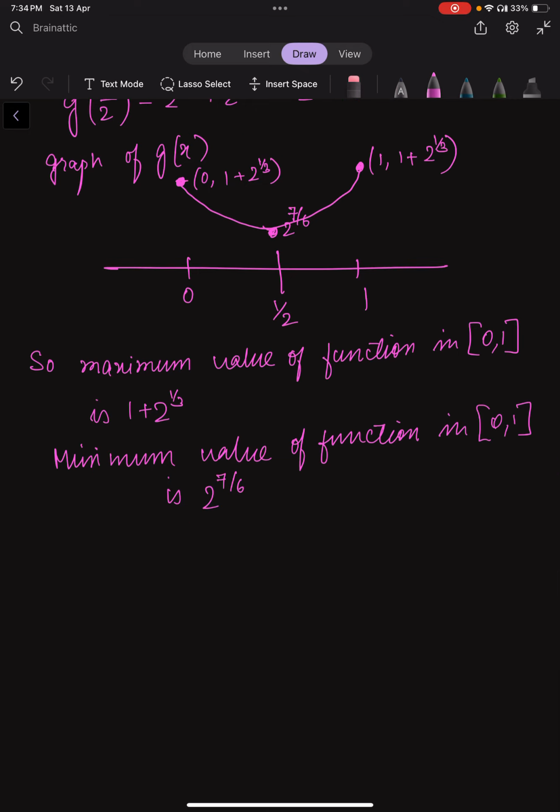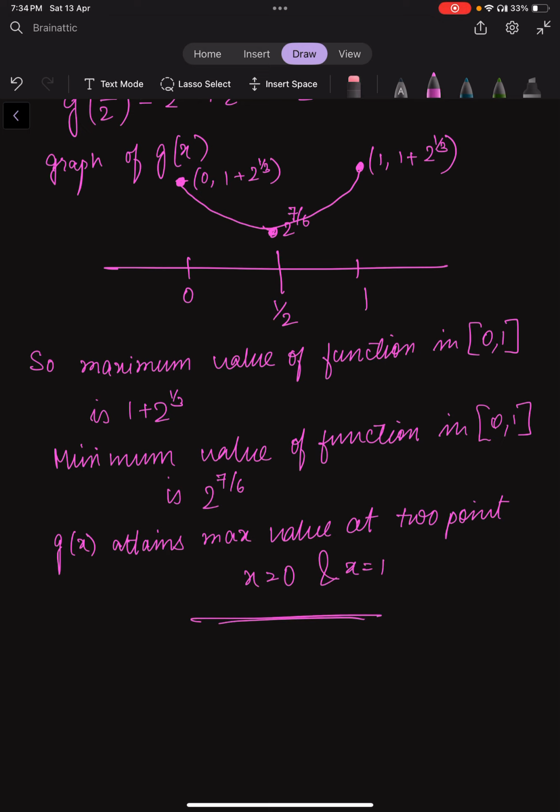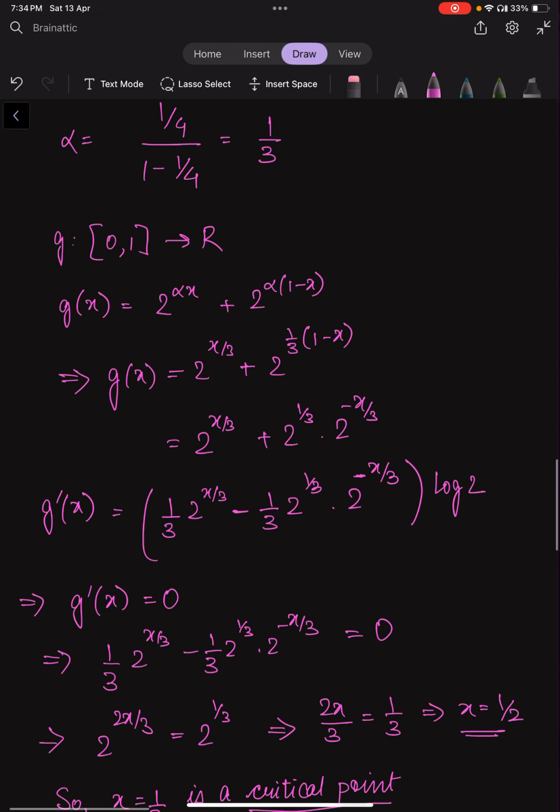And we see that g of x attains its max value at 2 points, which are x equal to 0 and x equal to 1.